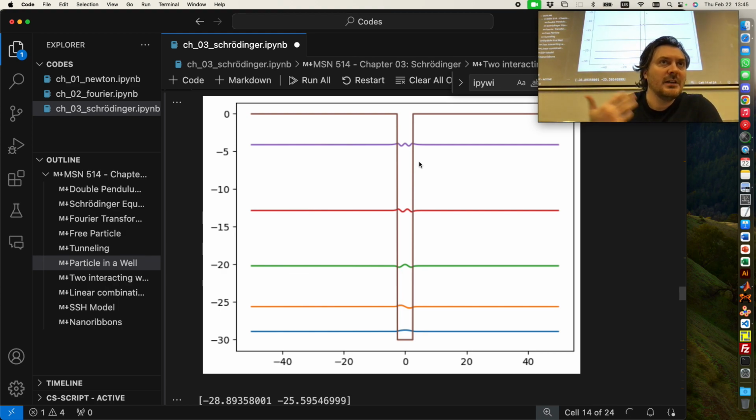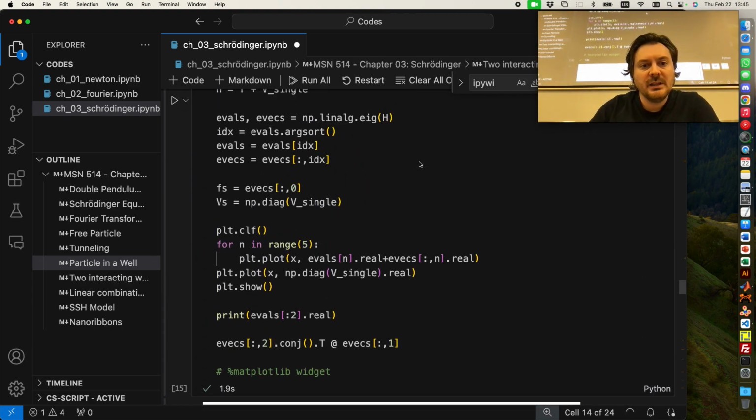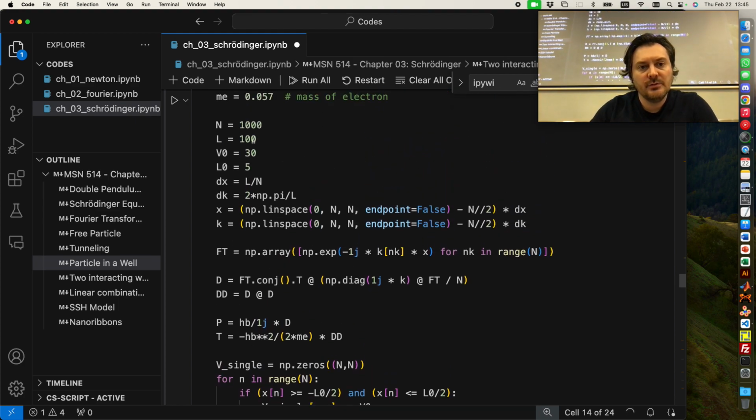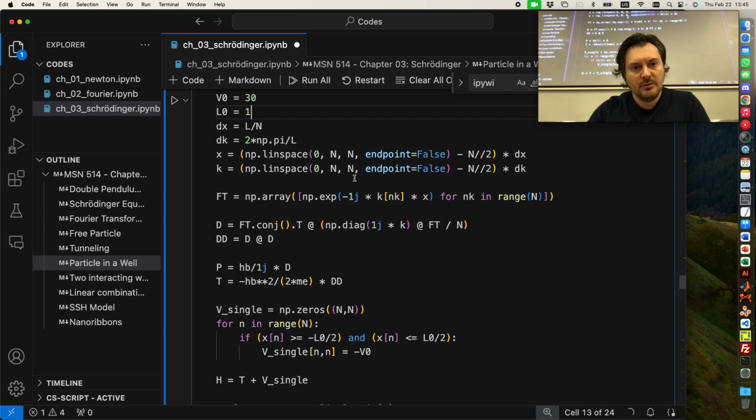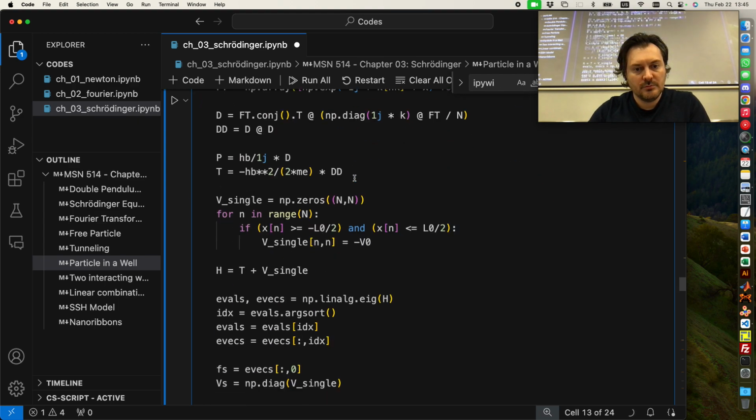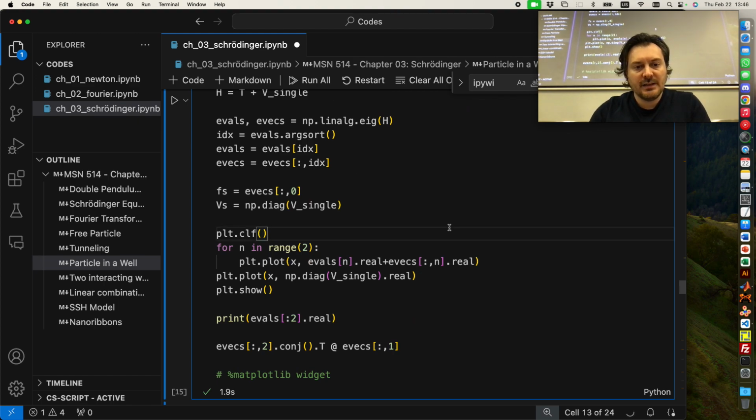It just comes out from solving the Hamiltonian. Okay, but let's go back to what were the values? 3 and 2, right? So let me run it again.